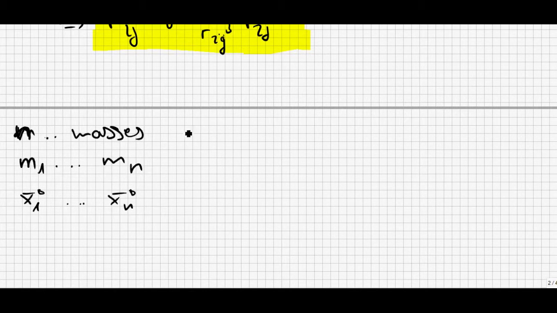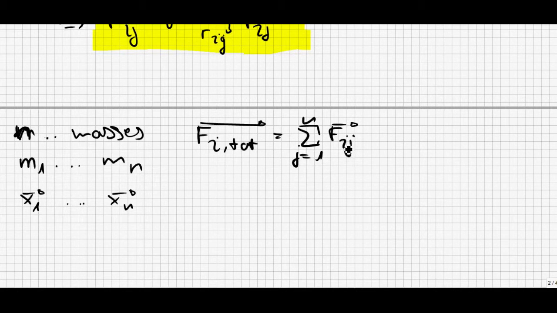In this case, we can consider this just as a sum. The force on the ith body, which is one of those n bodies here, so the total force, Fi total, is just the sum of all the masses as they interact with our mass I. So Fij is the force that body j acts on body I, and if we just add up all of them, we get it.